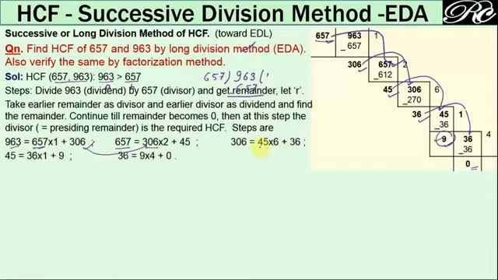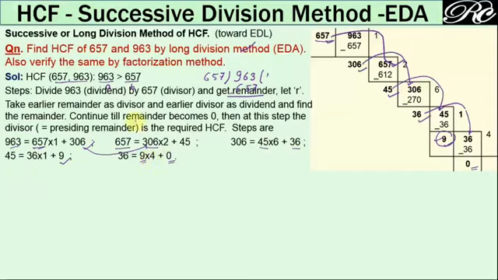Now again take 45 as new dividend and 36 as new divisor. We can write: 45 equals 36 into 1 plus 9. Now 36 can be taken as new dividend and 9 as new divisor. Then 36 equals 9 into 4 plus 0. At this stage there is no remainder, meaning the divisor at this stage, 9, is acting as our HCF.